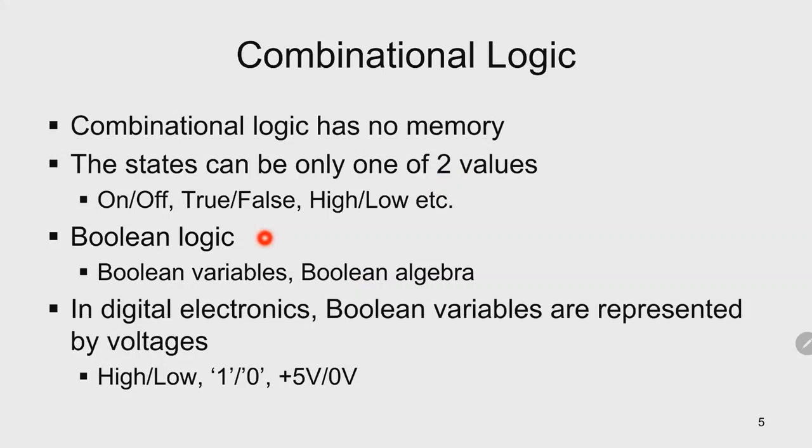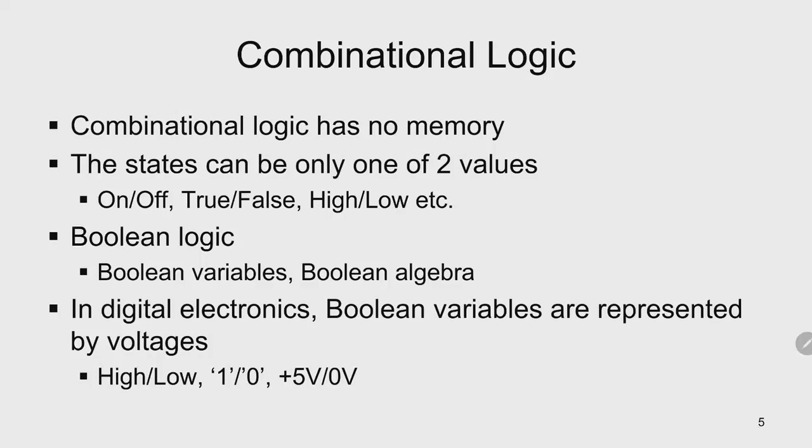Boolean logic can be referred to as Boolean variables and Boolean algebra. It's very similar to the mathematical algebra that you learned. You can have variables such as x, y, and z, and similarly this applies to Boolean logic. And it can be manipulated with a set of laws, just as you have a set of laws when you manipulate your normal algebra.